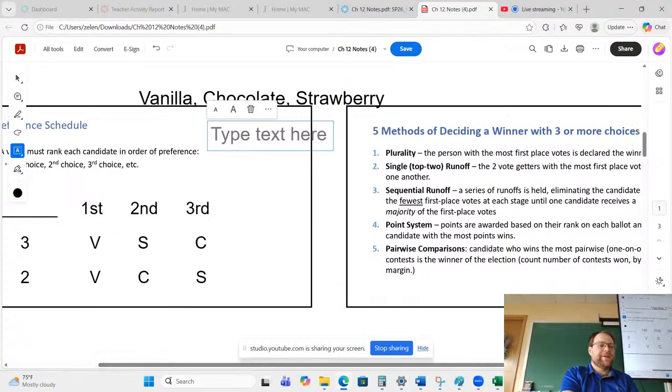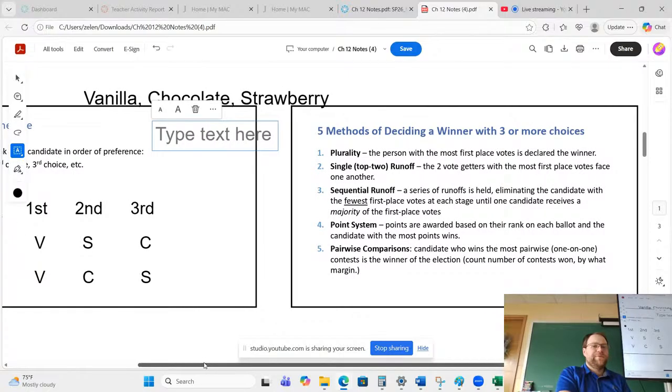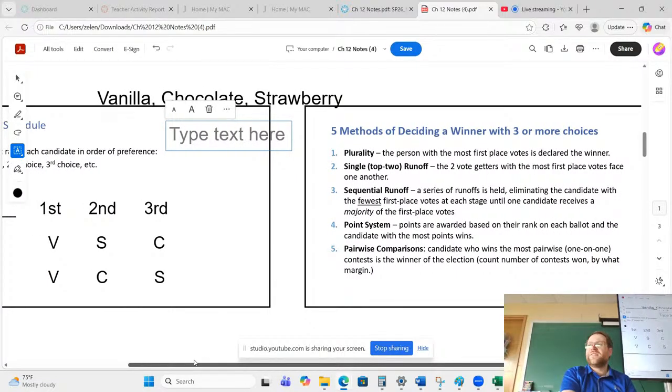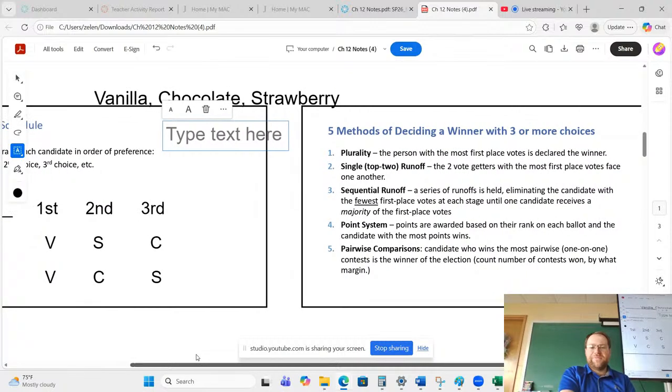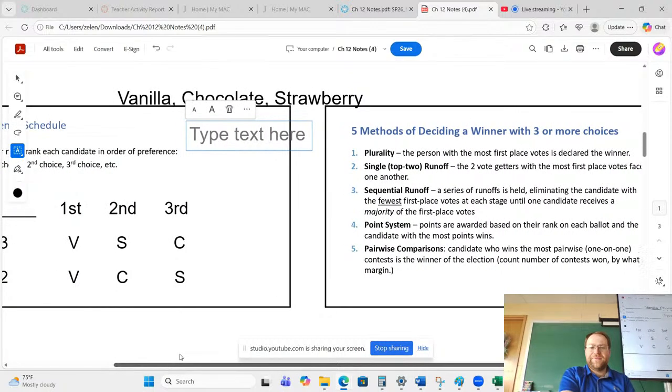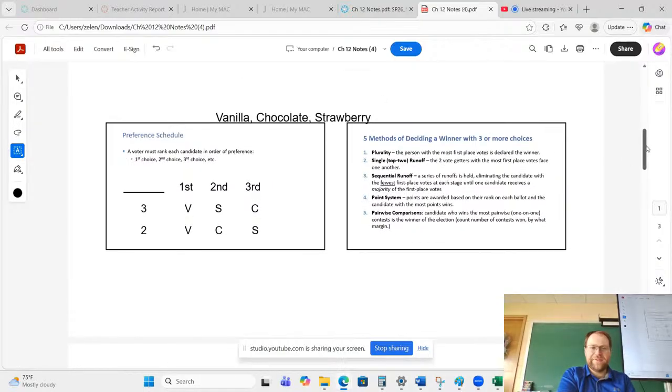And we'll talk about the 5 methods of deciding a winner here when you have 3 or more choices like this. So the first way is plurality. Let's see if I can zoom out just a little bit. The person with the most first place votes is declared the winner.